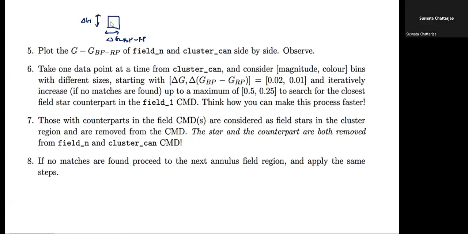One lies here. What we do is we take the nearest field counterpart, and remove both the field star and the cluster star from the data. The star and the counterpart are both removed from field N and cluster candidate CMD. If no matches are found, we proceed to the next field region and apply the same steps.